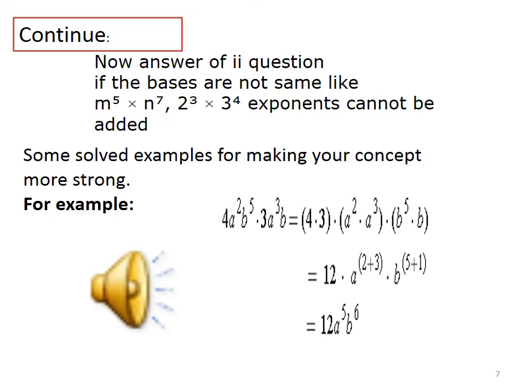If the bases are the same, you have learned that the powers will be added, so 2 plus 3 becomes 5, and b again, bases same, powers will be added: 5, and there is no power, it means there is 1, so 5 plus 1 is 6. Your answer is 12a to the power 5 b to the power 6. I hope you all are clear.